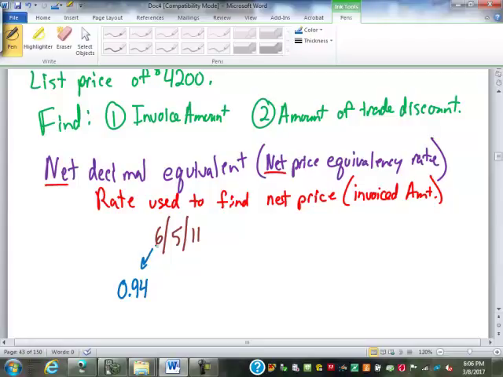Okay, so 100 minus 6 is 94, and we turn it into a decimal. 5% discount means we're going to pay 95, so that's 0.95. And 11% discount means we pay 89, so 0.89.